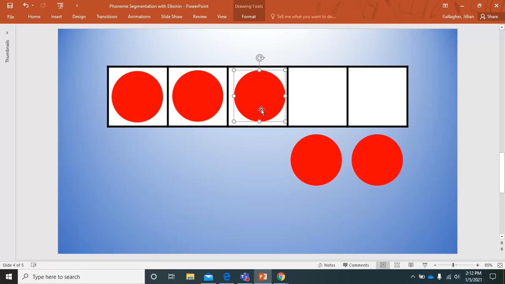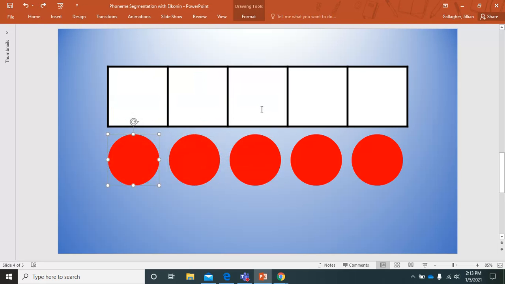This is another time that you might want to talk with students, because if they know the sight word said and they're hearing that sound in the middle, a short e, it may be confusing why AI in the middle of the word said says the short e sound. But we just explain it as being a high frequency word. They don't always follow phonic rules. And this is the way that we would segment the word said. There are three sounds, even though there are four letters in the word.